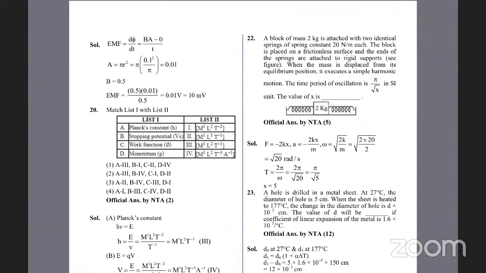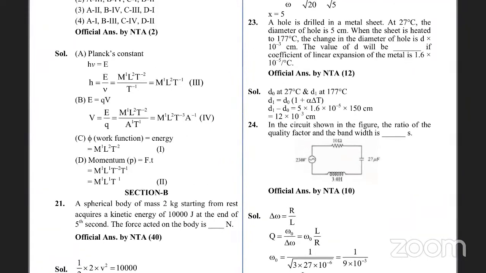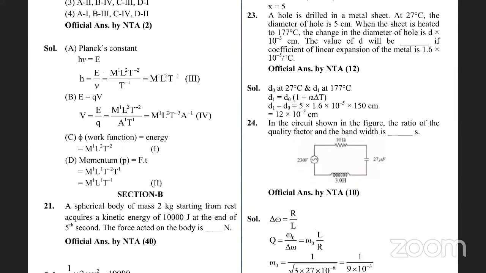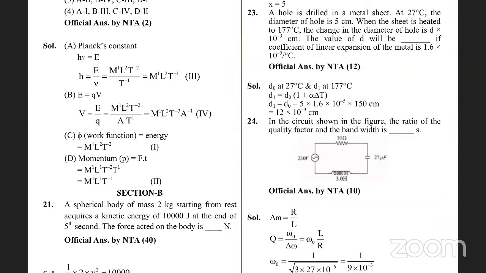So look at now 23rd. 23rd question. A hole is drilled in a metal sheet at 27 degrees centigrade. The diameter of the hole is 5 centimeter. When the sheet is heated to 177 degrees centigrade, the change in the diameter is d into 10 to the power of minus 2.